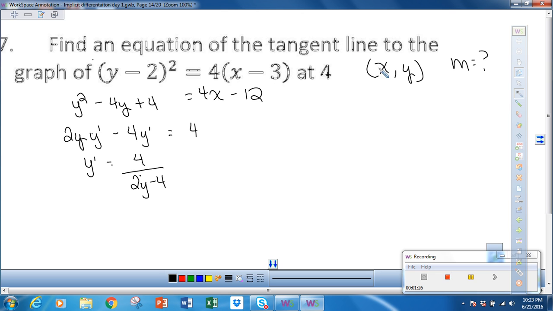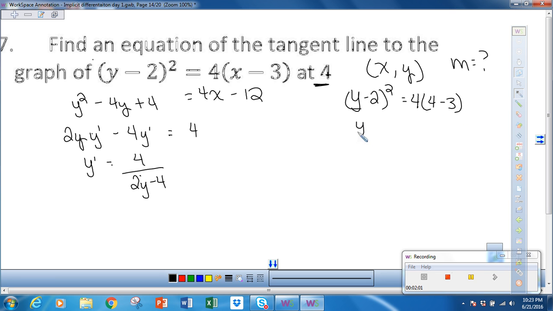So we know that x is 4. They tell us to find it at 4, and we need to find y. Also notice that there is no x in this equation, but we can find y. We can find y by substituting in 4 for x, so we get y minus 2 squared is equal to 4 times 4 minus 3.